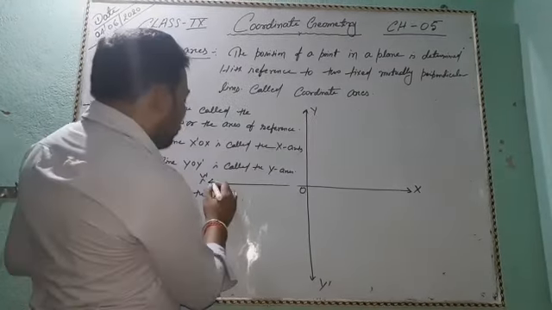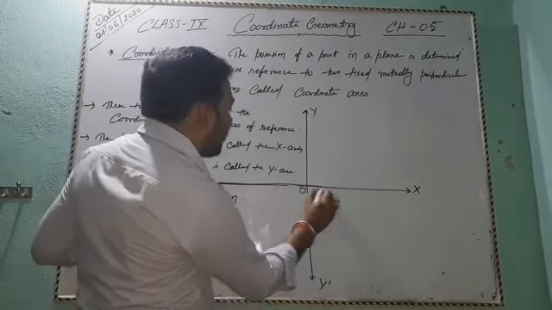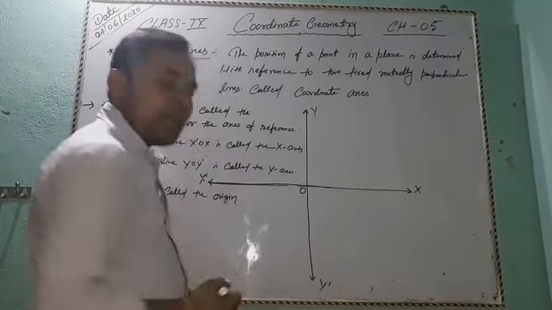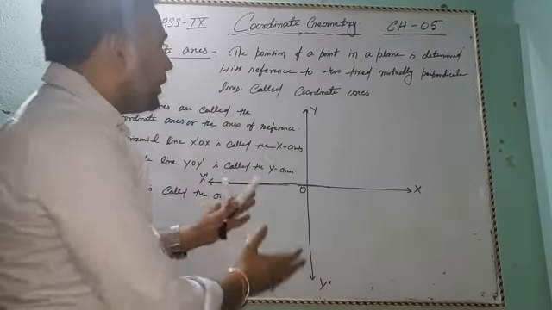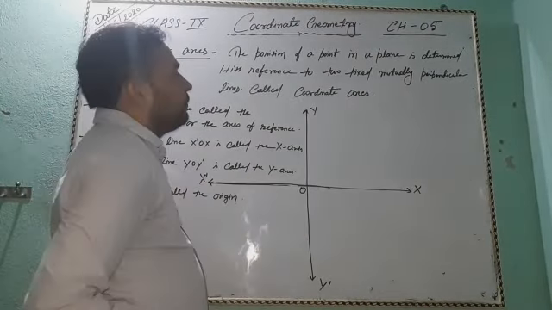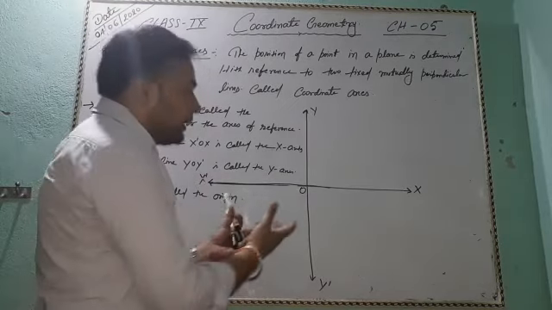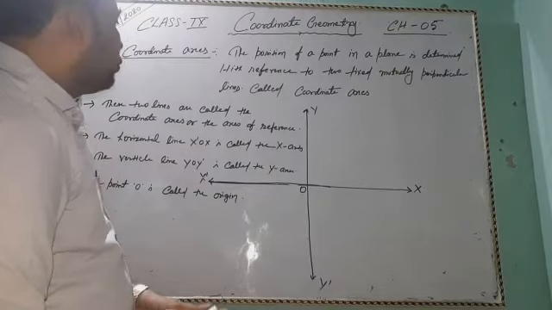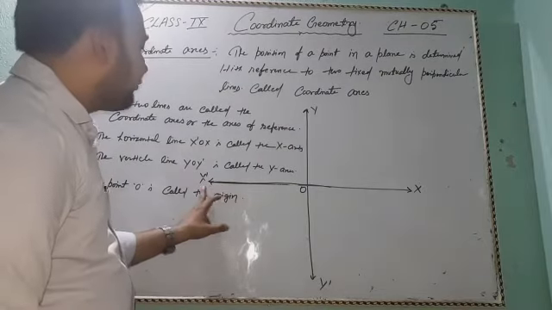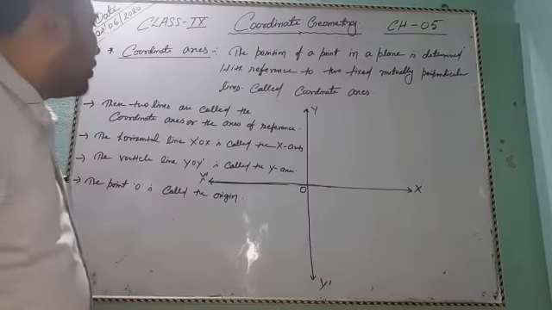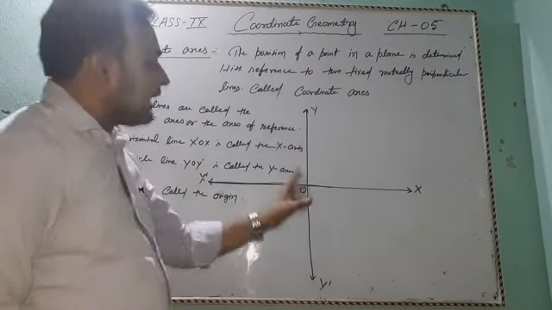Draw two mutually perpendicular lines. X'OX and YOY' are two mutually perpendicular lines called coordinate axes, or axes of reference, in any plane.